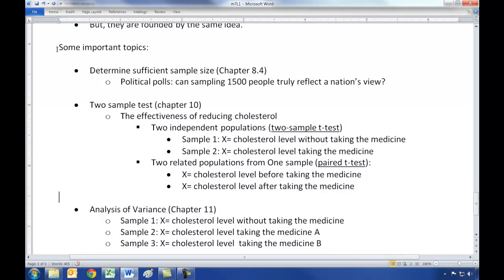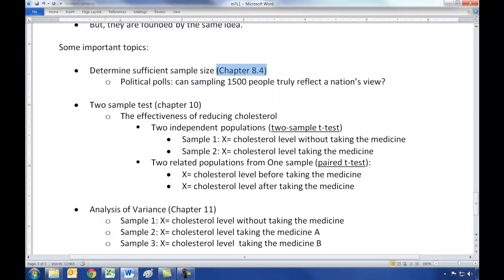So here I'm listing a few important topics that are covered in a textbook, but will not be covered in this lecture. The first important topic is how do we determine a sufficient sample size to answer questions such as, in political polls, can sampling 1,500 people truly reflect the view of a nation?